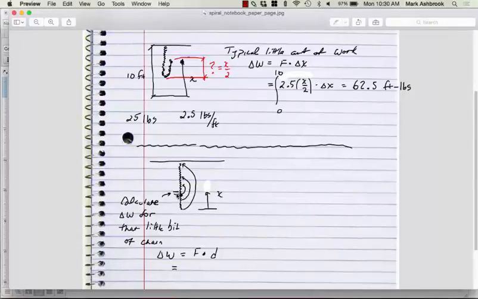That little bit of chain right there? What do you guys think? Not x. What should it be? 2.5 times delta x. So here now the delta x is part of the weight, not the distance that we're moving, you see? So this 2.5 delta x is the weight of a little bit of the chain, right? Pounds per foot times number of feet gives you your F, times the distance.